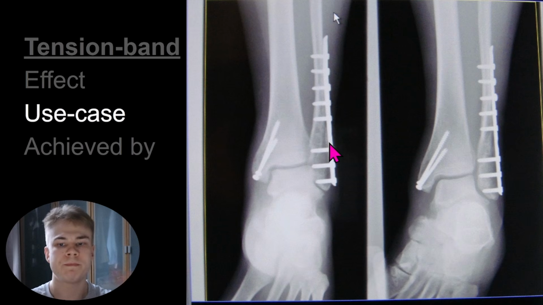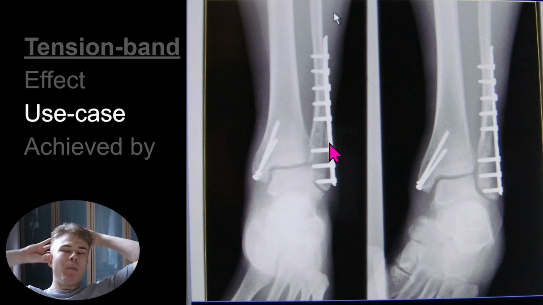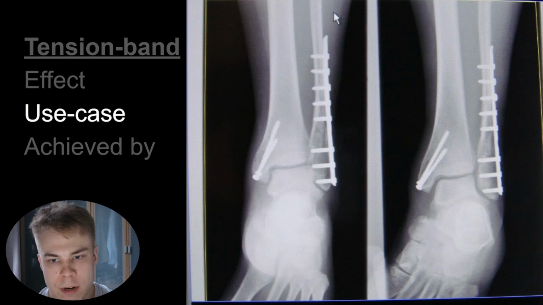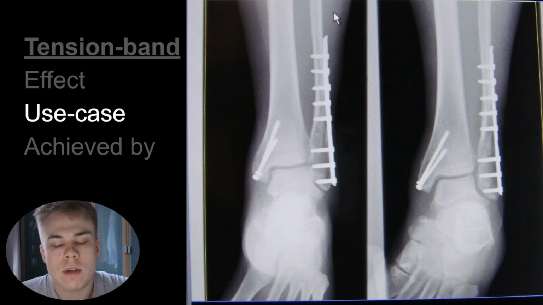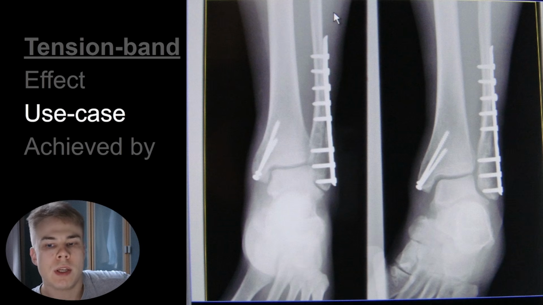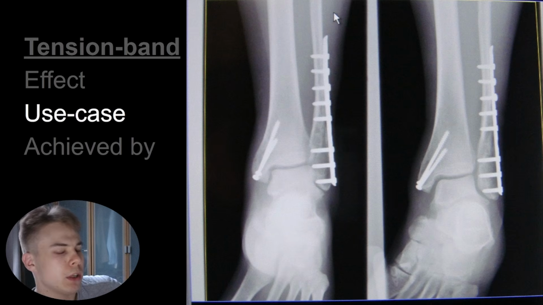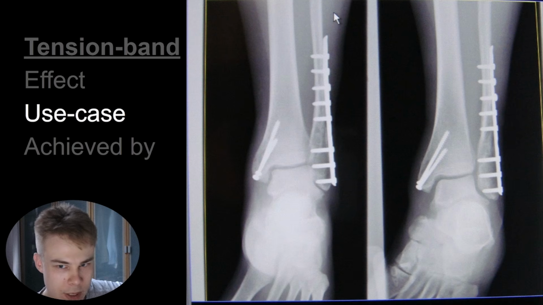Use case is basically just transverse diaphyseal fractures where you can accept secondary bone healing. So if you've got a transverse diaphyseal fracture where you want primary bone healing, then you probably want a compression mode plate. But if you can accept secondary bone healing, then you can use a tension band plate, which may be simpler to apply.